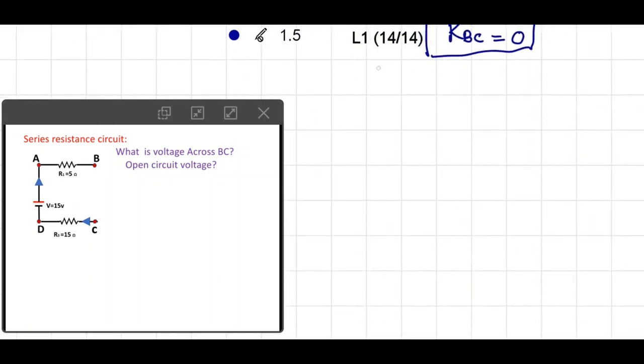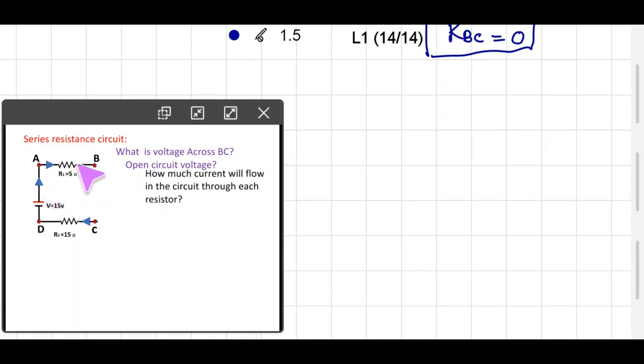Now here a circuit is shown in which there is a battery, resistors and the terminals B and C. So the question is, what is the voltage across BC? Between B and C there is no component, neither a resistance nor a connecting wire. So these terminals are called open terminals. So how much current will flow in the circuit?